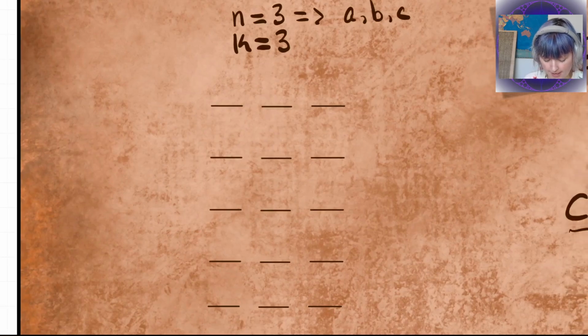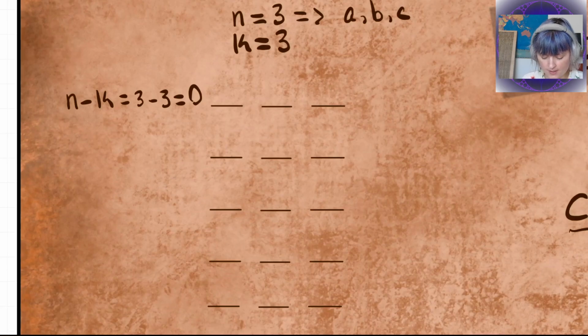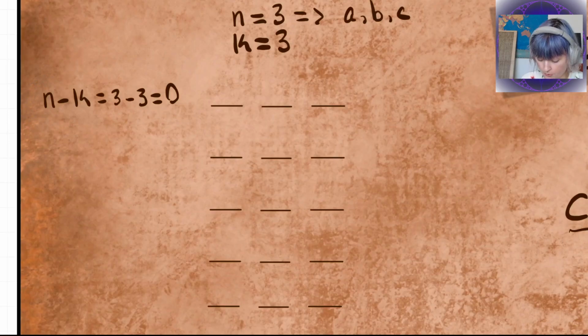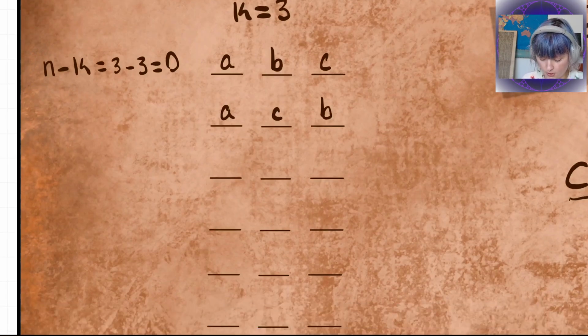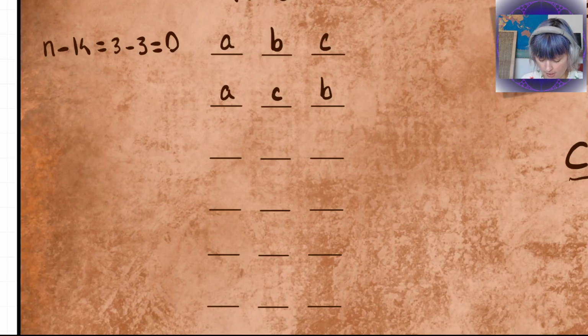Our n minus k, in this case, is 3 minus 3, which is equal to 0. So in this case, we have not changed or limited anything. Let's go ahead and fill out these tables. So we know in the first position, I can choose from n different values. I'll choose A, B, and C. Fix A, I'll switch C and B. That's 2 arrangements. That's all I can do here.